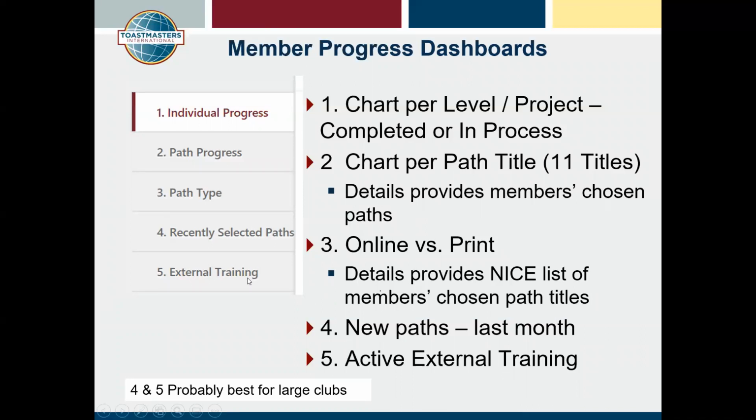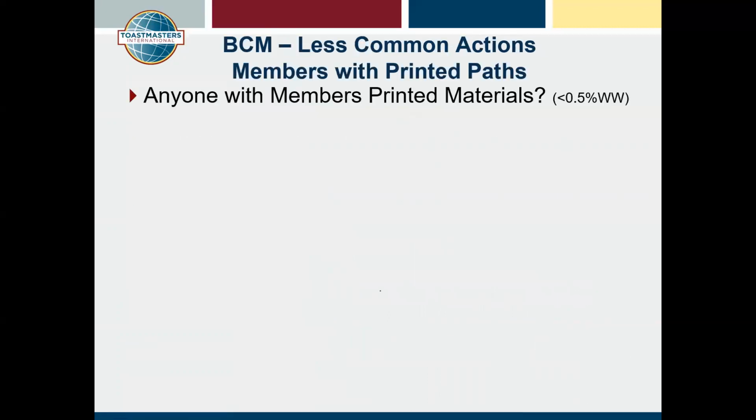And external training, we're going to just touch on at the end. Active external training, I don't know of any clubs that are using that yet. That's trying to use Pathways as in, hey, is it okay? Or I'm just letting you know that I'm going to be doing part of my project at work. And you can approve it or not.